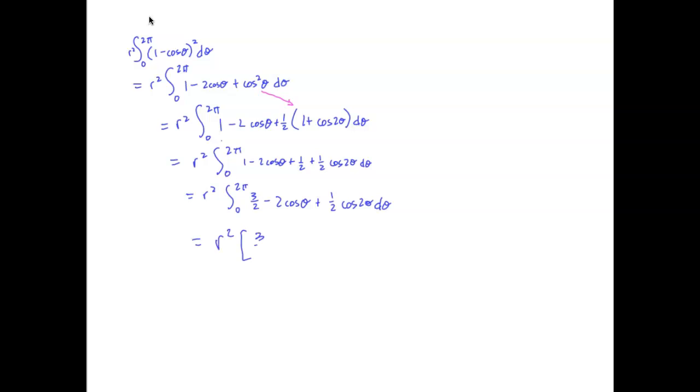So that's going to be 3 over 2 theta plus 2 sine theta minus 1/4 sine 2 theta from 0 to 2 pi.